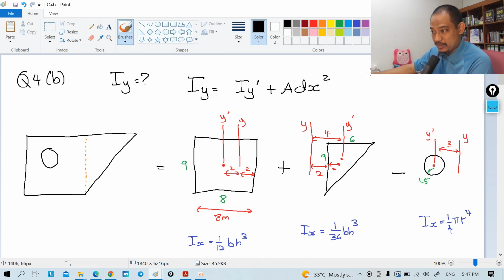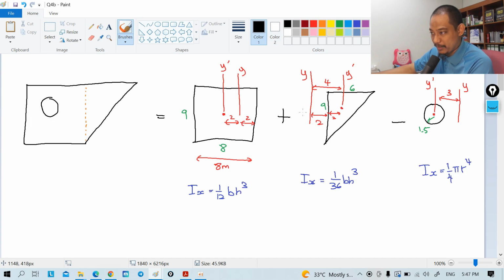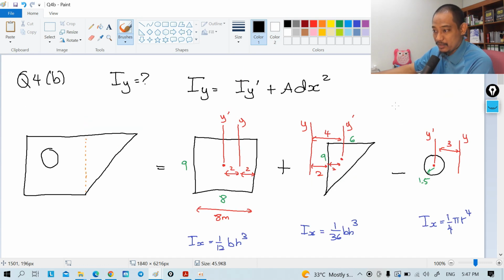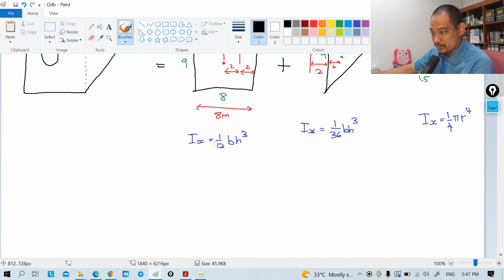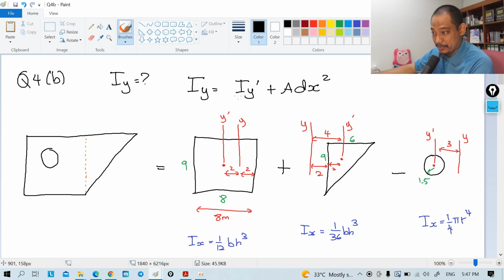Okay, so based on this, we have to just add this plus this one minus that one, right? And we will use the parallel axis theorem up here, and using this for its Iy prime.